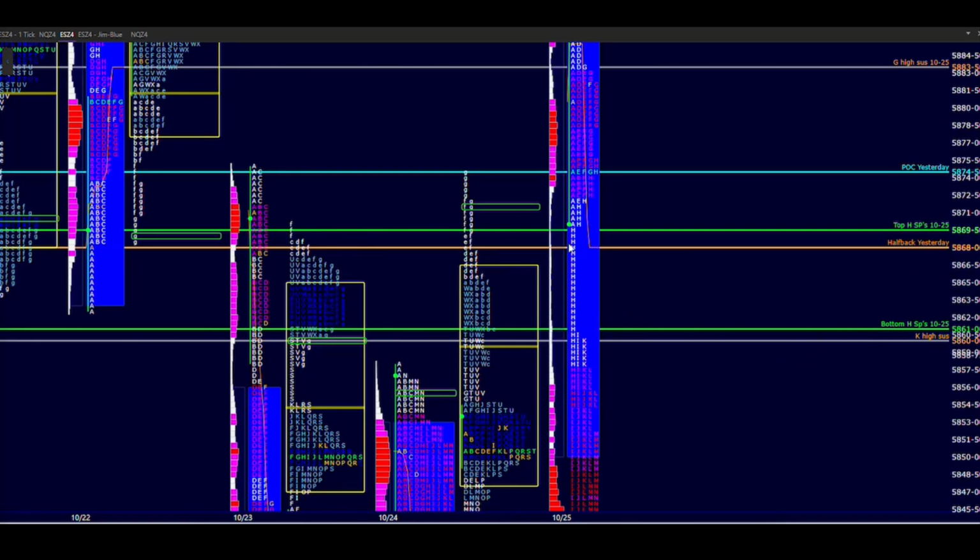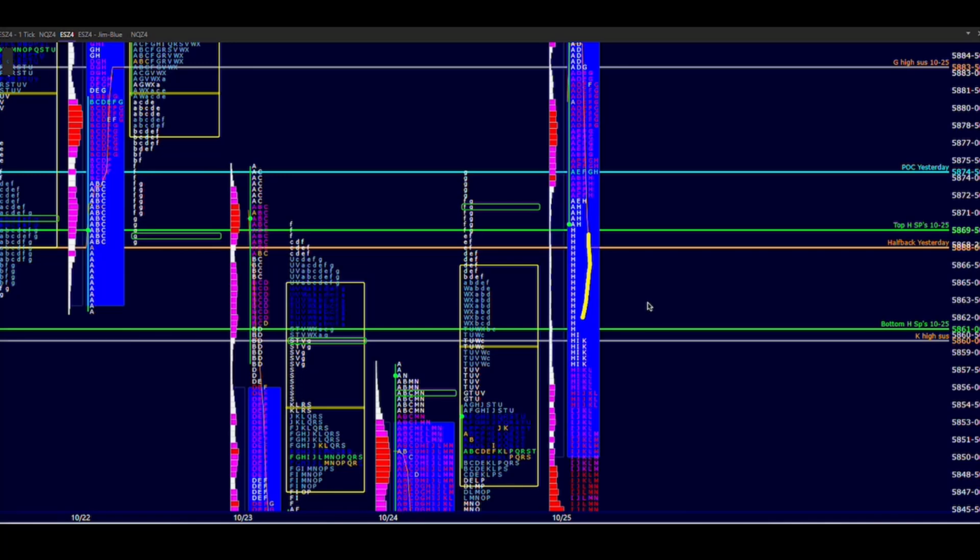So we had single prints in H period. Now single prints represent a form of excess, and you expect to see single prints at the highs and the lows of the session, but you do not expect to see them in the middle of the day.